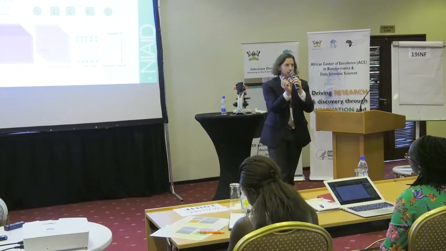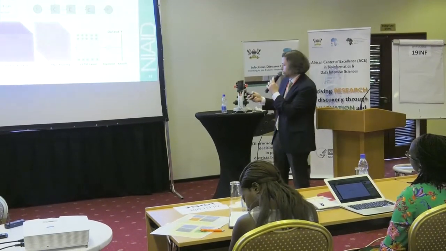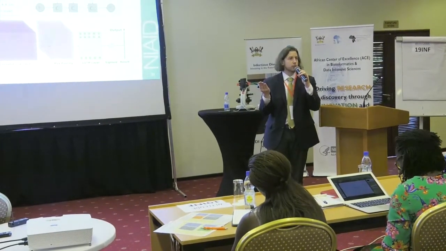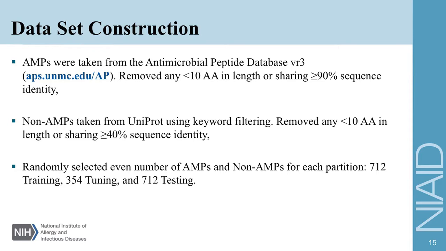It can recognize your pattern at different lengths, and that's quite helpful and very popular in text mining. And then at the end of the day, we pass through a sigmoid function, which takes our prediction and squeezes it between 0 and 1, so we actually have a prediction probability. We decided anything greater than 0.5 is an AMP, and anything equal or less than that is a non-AMP. That's our LSTM.